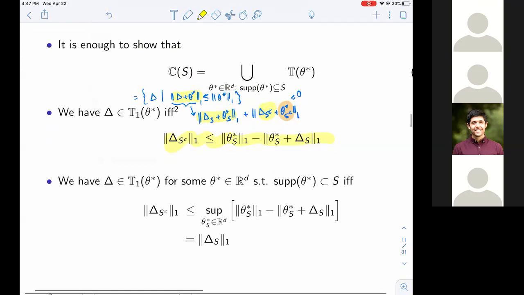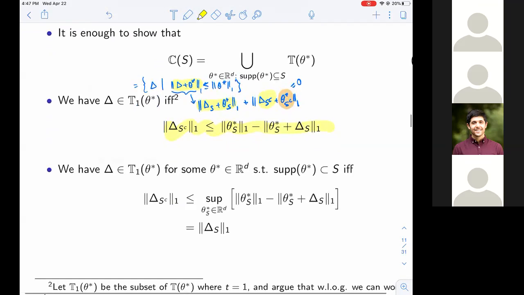And then what you can do is, this side, this direction is sort of fixed. This side doesn't depend on theta star. This side depends on theta star. I can take the supremum over this side.